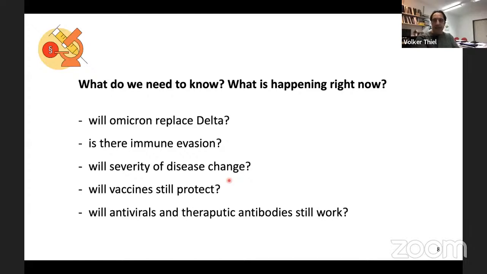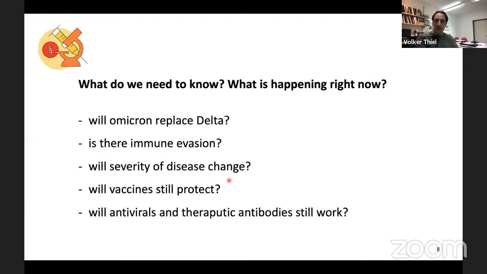So now what do we need to know? And what is happening right now? So of course, after declaring that a variant of concern, we need to know now, will Omicron replace Delta? So Delta is prevalent in most countries, or in essentially all countries at the moment. Then, according to the high number of mutations in the spike, is there immune evasion?